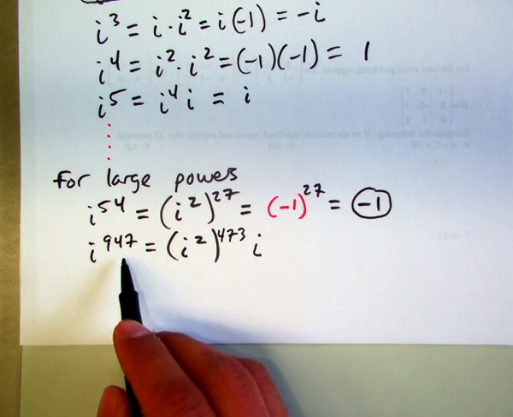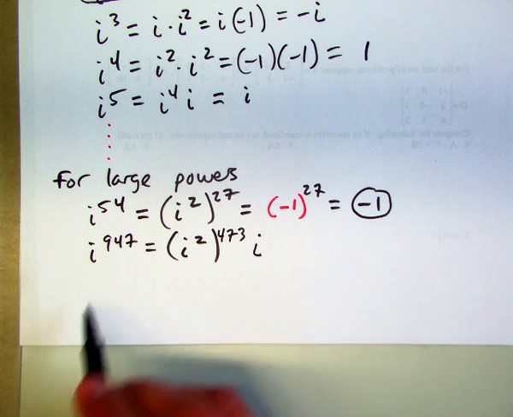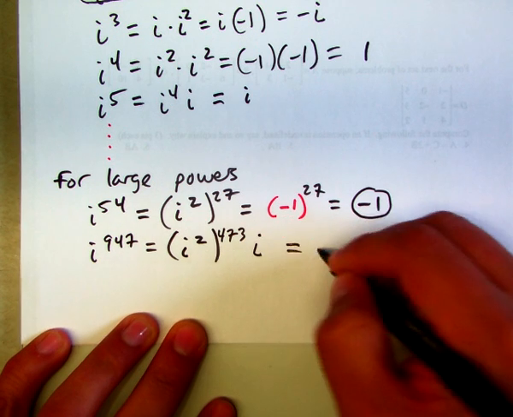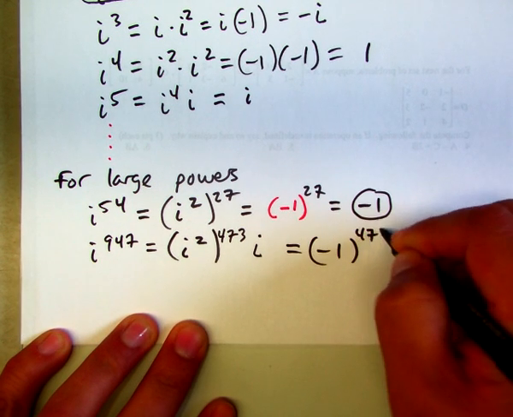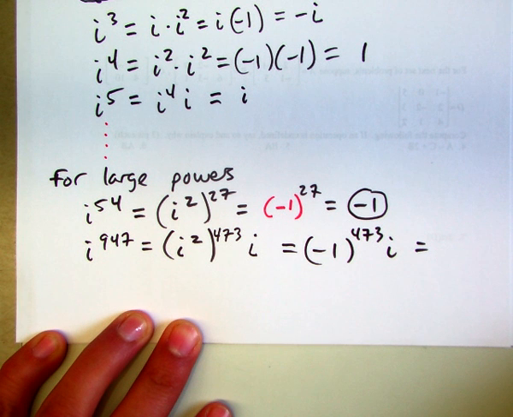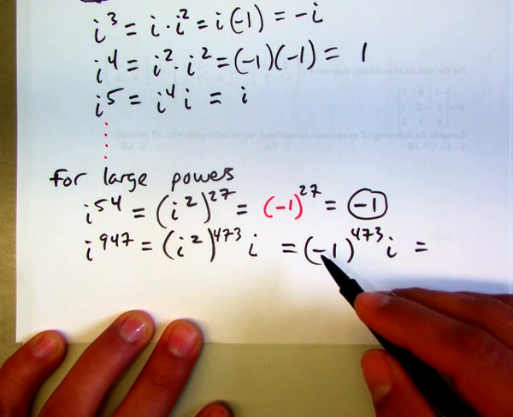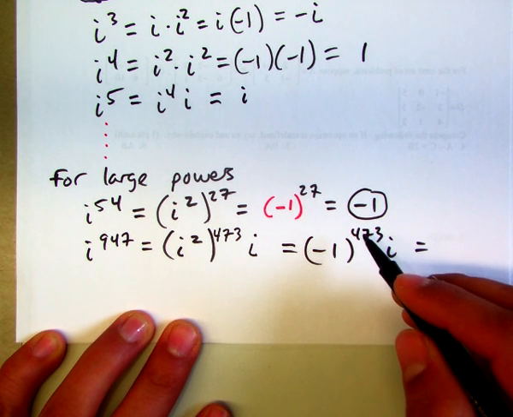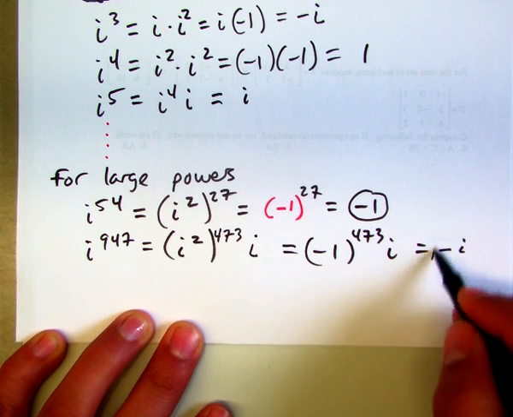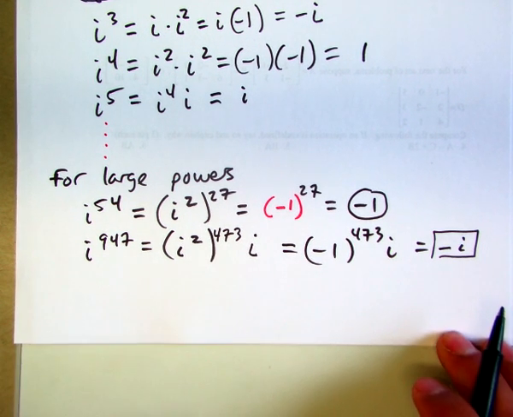Does that make sense? You just say i squared to an odd power is -1 and then multiply by another i. So that answer is going to be what? 1. Not 1. A -1 to an odd is negative, so it's negative i. Oh my God. Don't overcomplicate it.